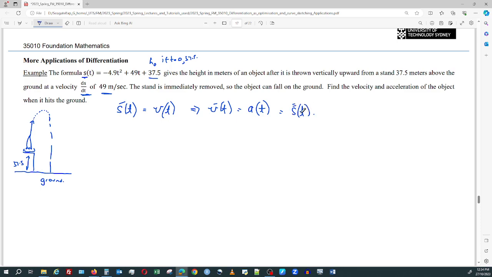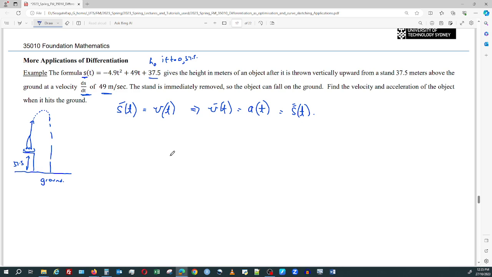So there's a little chain that links along there, and you need to watch that. We can evaluate a few of these things because we know that it hits the ground, so there are some zero conditions. Find the velocity and the acceleration of the object when it hits the ground.